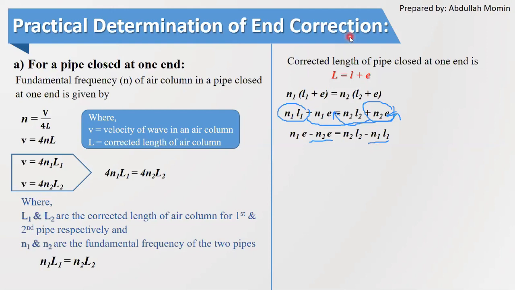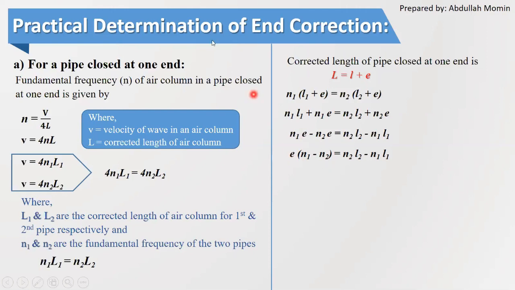So now we are going to simplify this equation. On the left hand side, both terms contain E. So we will take E as common and write E outside the bracket. In the bracket, N1 minus N2 is equal to N2L2 minus N1L1. Now E is in multiplication with this bracket.